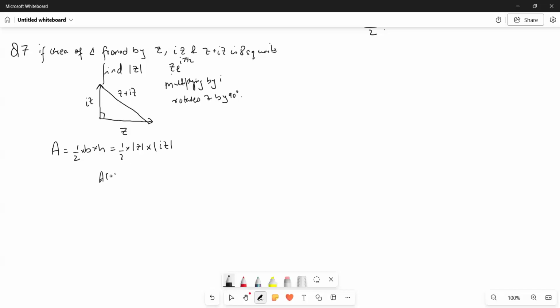So according to the problem, half of mod z square is equal to 8. Therefore, how much is mod z? 4. Mod z is 4. Please remember, mod z सिर्फ 4 होगा, -4 नहीं होगा. Mod cannot be negative. So don't take it as plus minus 4.